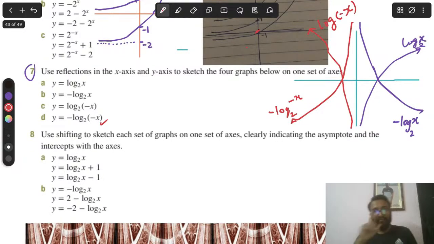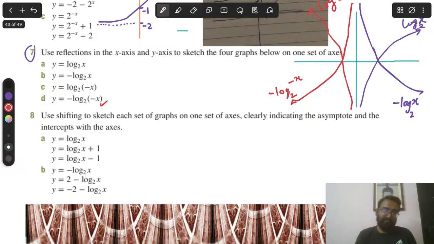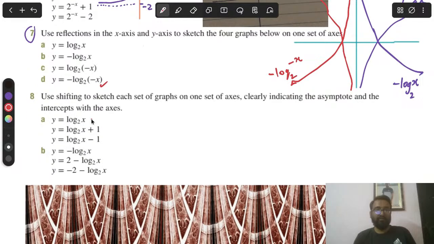So with one function, you can plot many graphs with numerical addition, multiplication, subtraction and sign changes. This is log x. With plus 1, the graph goes 1 unit upside; with minus 1, it goes 1 unit downside.